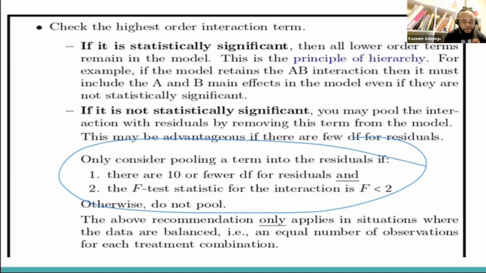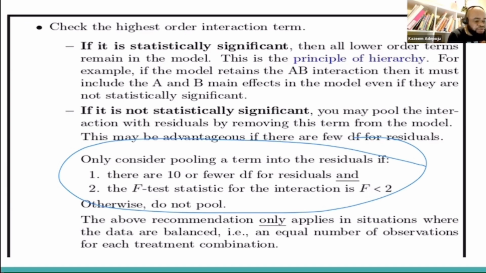In the ANOVA table, we have the degrees of freedom for the different effects, and of course, residual also has its own degrees of freedom. What we're trying to say is the moment the degrees of freedom for the error, for residual, is 10 or less than 10, of course, we can do that. And that's not the only yardstick.